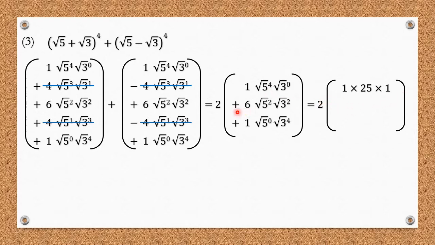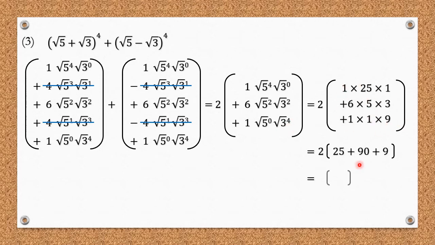Now plus 6, and root and squares will be cancelled, so 6 into 5 into 3. And lastly again plus 1, anything raised to 0 is 1, and 4 is the power, removing the root, power will be 4 upon 2, just 2, so 3 square is 9. Multiply these values and you get 25 plus 90 plus 9, and your total is 124, and when you multiply it with 2 you get 248.